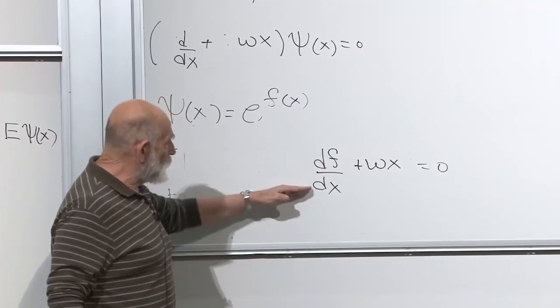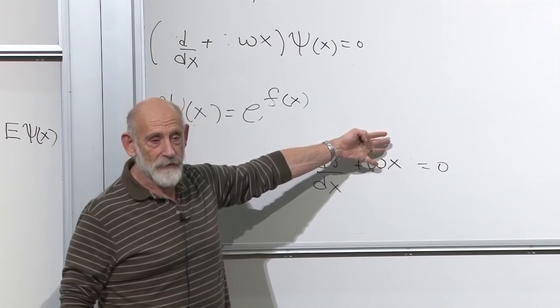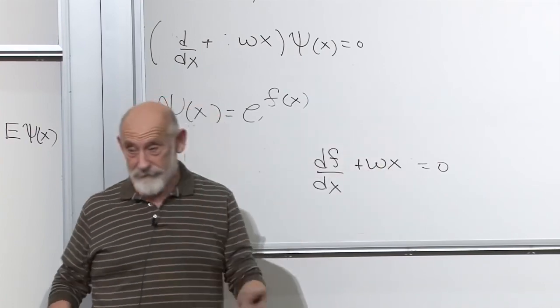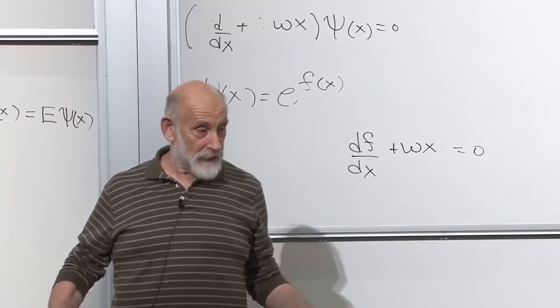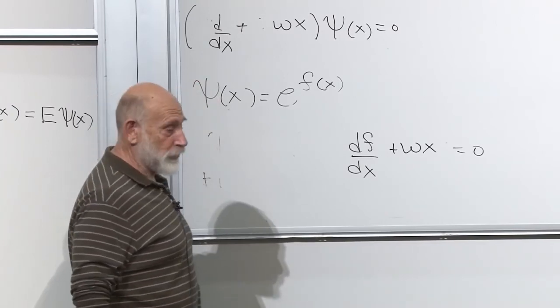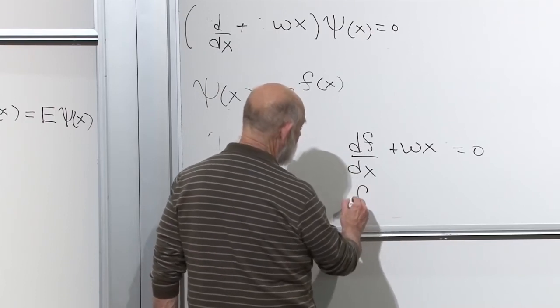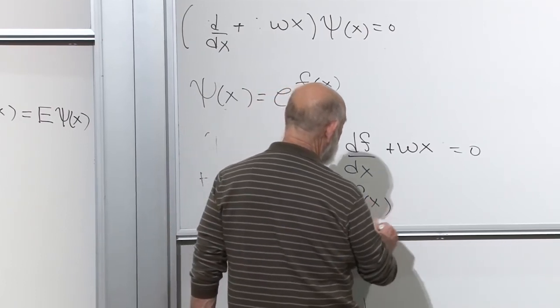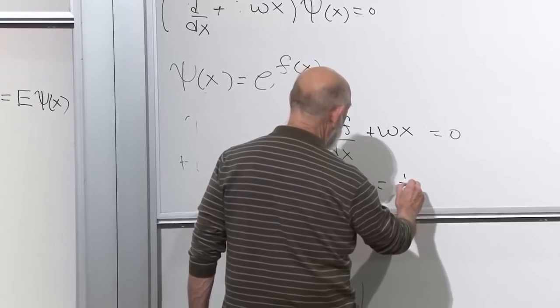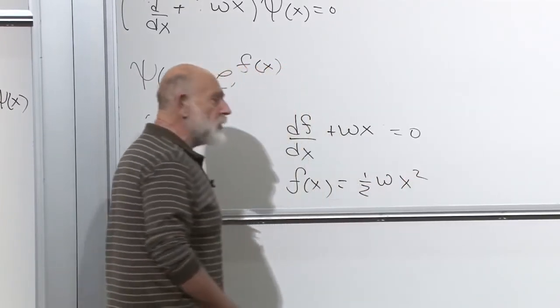A function whose derivative is a linear thing, what kind of function is that? A quadratic thing. So the solution is quite clearly going to be proportional to x squared. In fact, it's going to be f of x is equal to 1/2 omega x squared plus a constant.